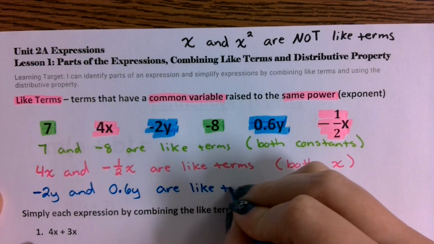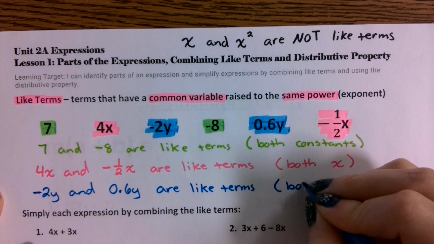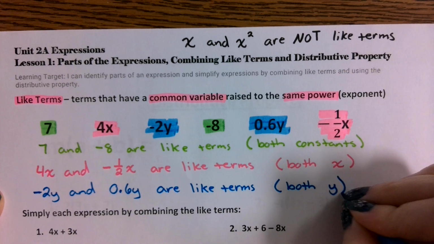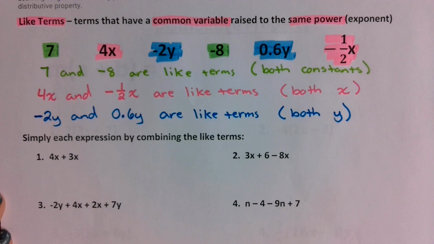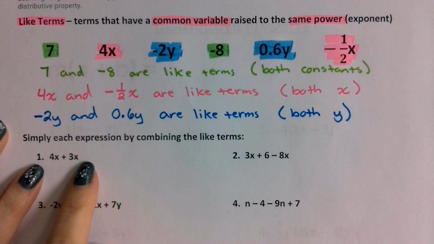Now it's important to know what your like terms are because when you are simplifying an expression, you simplify by combining your like terms together. If an expression can be simplified, it's typically because you've got several like terms that you can combine to shorten your expression. For problem number 1, we've got 4x plus 3x.